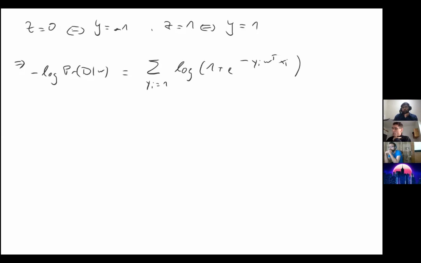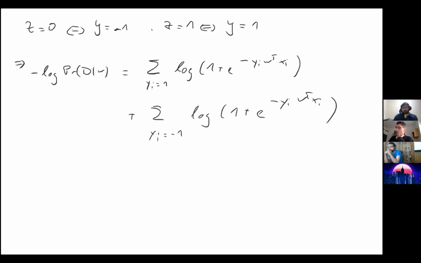Okay, plus the sum where yi is -1, and we have this logarithm of 1 plus e to the, and now we plug in minus yi, which is the same as 1, w transpose xi.